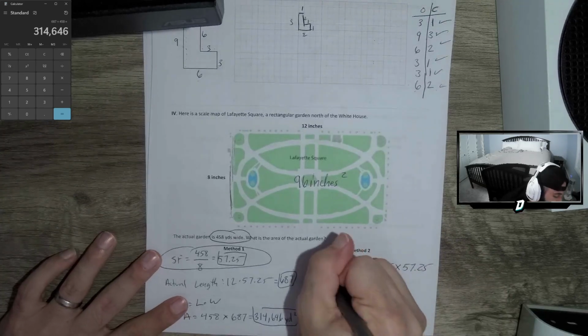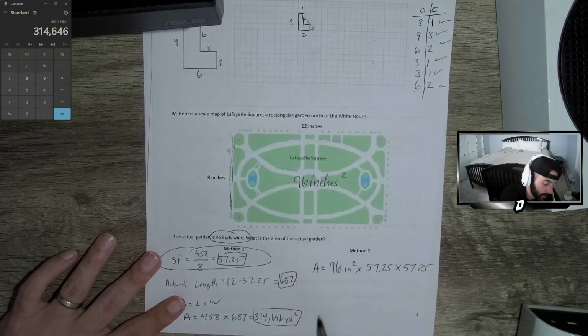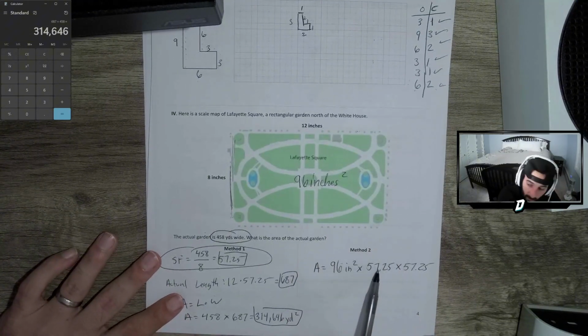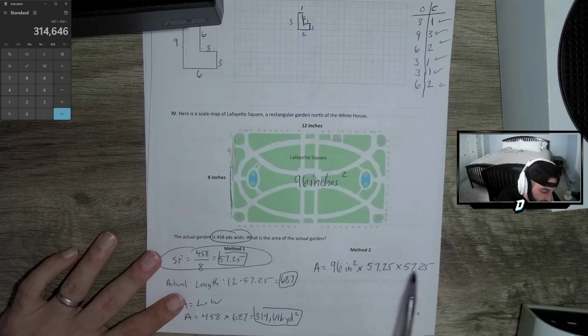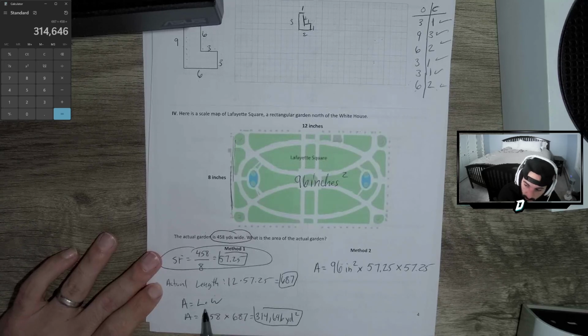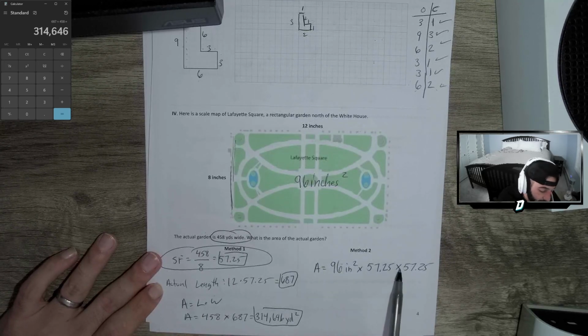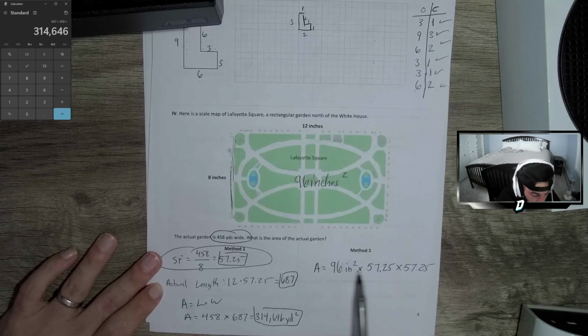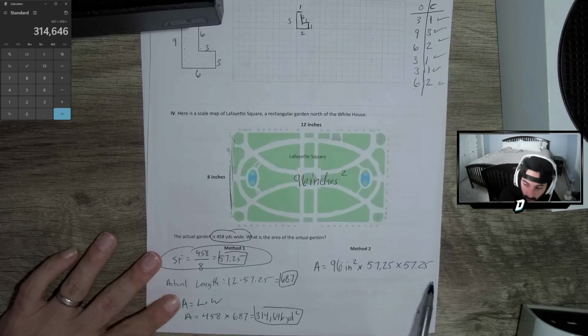We remember that the area is not scaled by the scale factor, but it's scaled by the scale factor times itself. So method one is finding the actual measurements and then computing the area, or you can multiply the scaled area by the scale factor times itself.